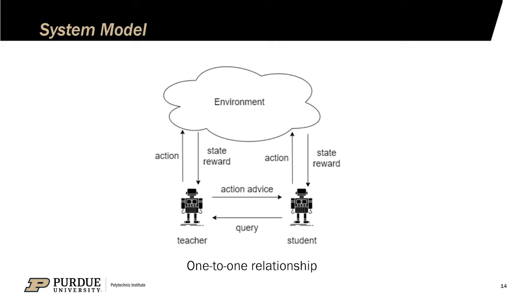Especially here, we only consider one-to-one relationship, which is most common in transfer learning with its applications to reinforced learning. So here, one teacher teaches one student, and the advising form is action advice. So the student will raise a query to the teacher, and the teacher will give action advice.